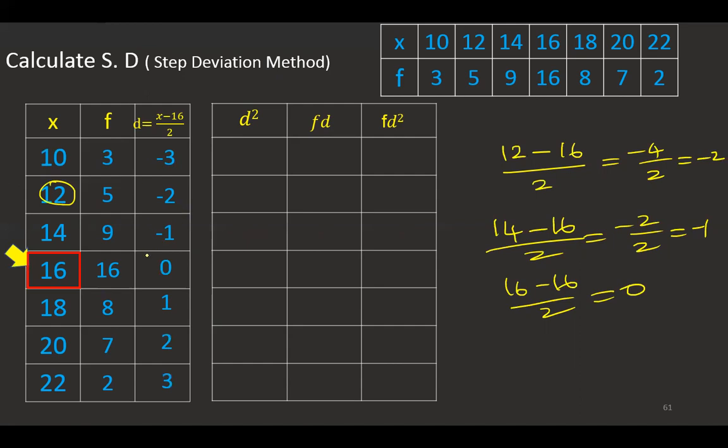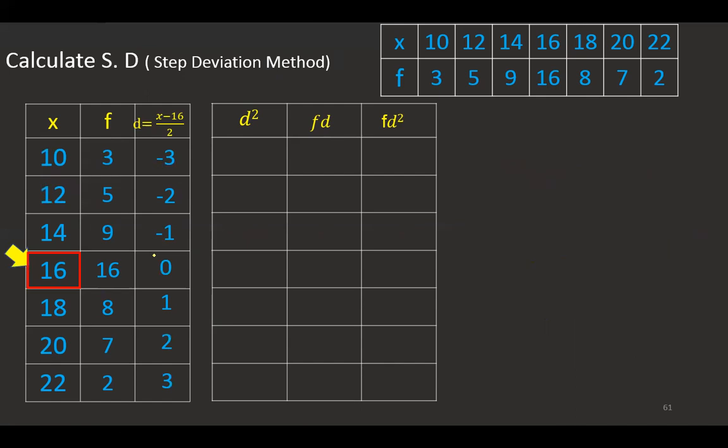Now we shall move on to the d square here. Now 3 square gives you 9, 2 square gives you 4, 1 square gives you 1, 0, then 1 square 1, 2 square will give you 4 here, 3 square will give you 9. Now what is the next column? Next column is f and d, just like the previous one.